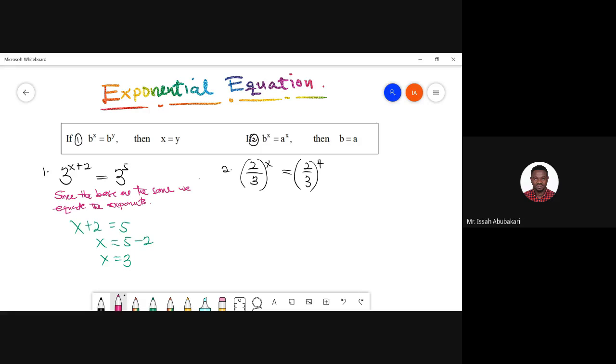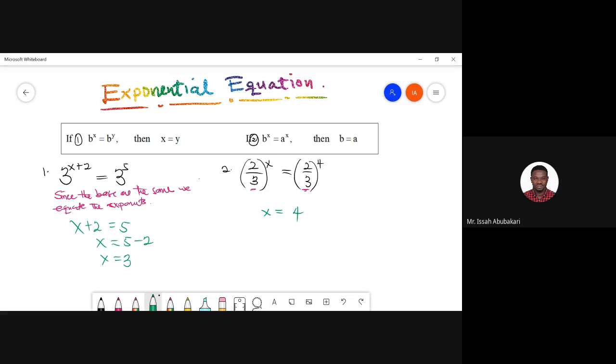Since we have the same base, 2 divided by 3 and 2 divided by 3, we equate the exponents. So at the end, we are going to get x is equal to 4.